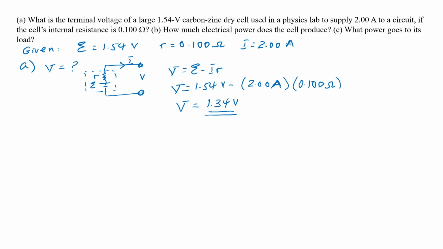B. How much electrical power does the cell produce? Let us find what is the total power produced. Total power is the source voltage multiplied by the current.